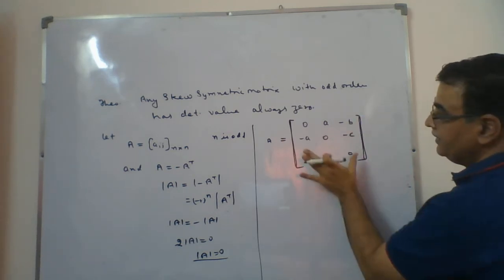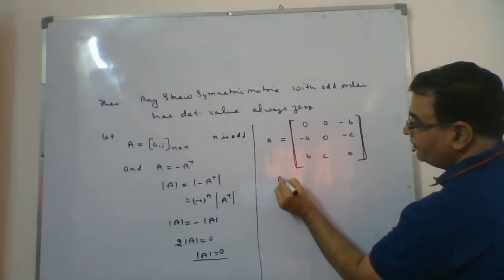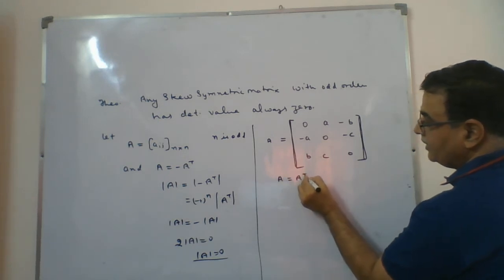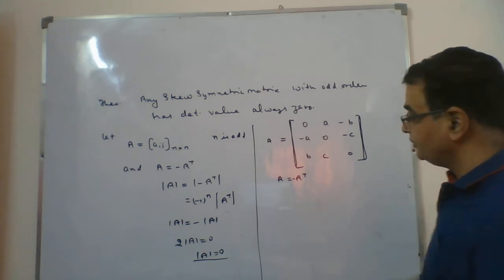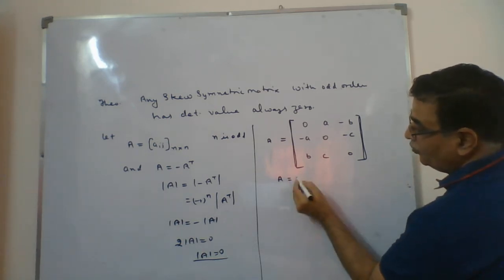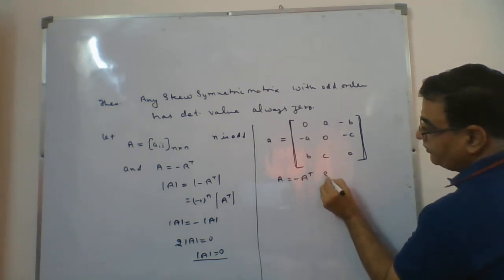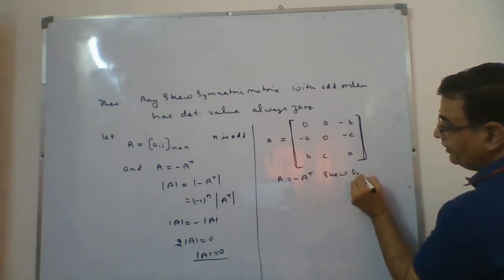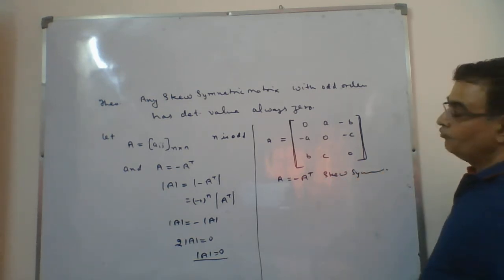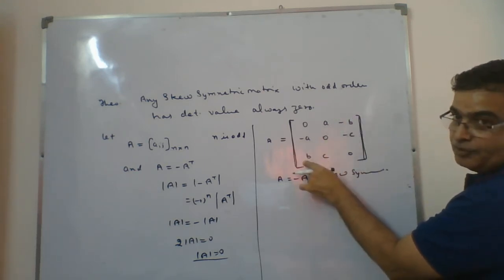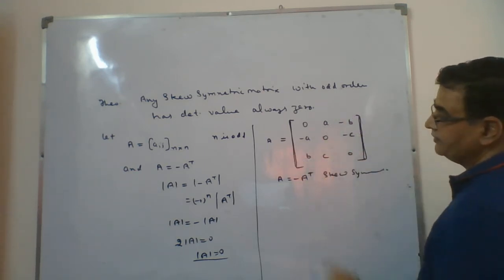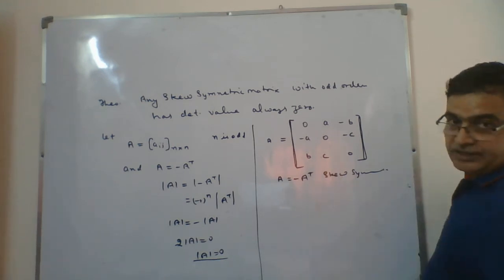And one thing is clear in this matrix, we have matrix A is equal to minus A transpose, or no? So that means it is a skew symmetric matrix. Why? Because this element and this element differ by minus, these two elements differ by minus, these two differ by a minus. A is the matrix here. So A is equal to minus A transpose we have.